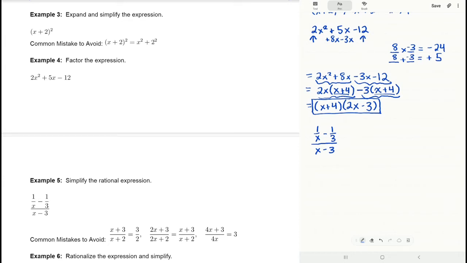So 1 over x minus 1 over 3. We want to combine these two fractions, and we want to look at finding a common denominator. So a common denominator between 1 over x and 1 over 3 is going to be a 3x.